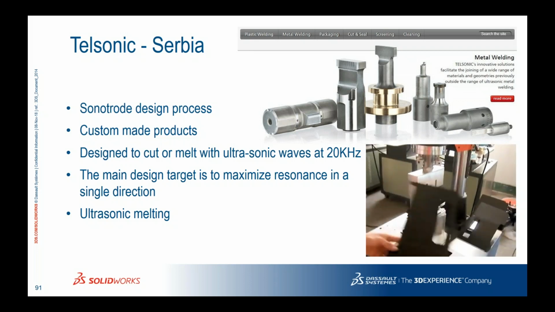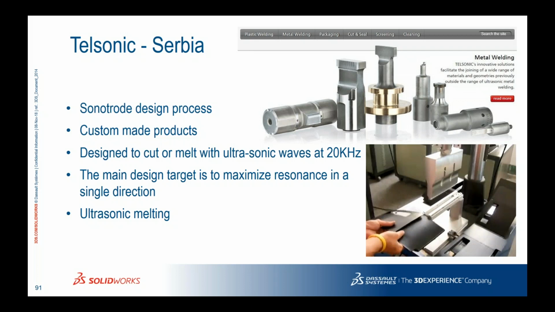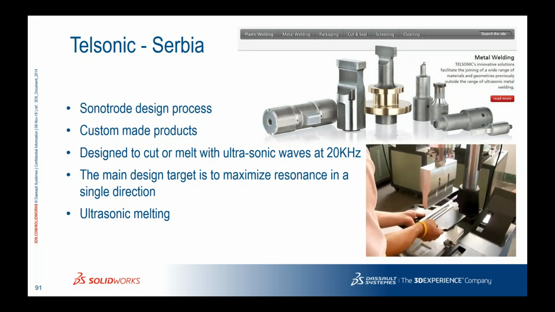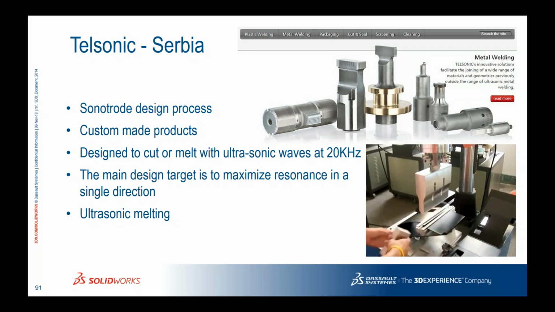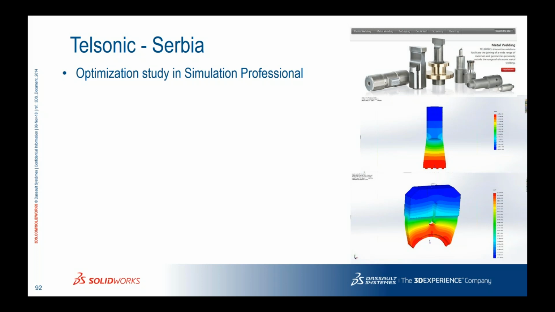So the main target here is to design a product that is specific for an application. A customer cannot use the same sonotrode for different applications. So it is a very customized design. And you can see on the right some of their designs, and you can imagine how much work you need to define all the correct parameters, all the correct dimensions in something like that.